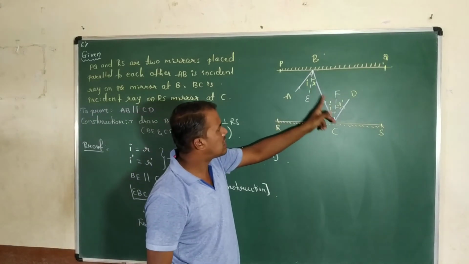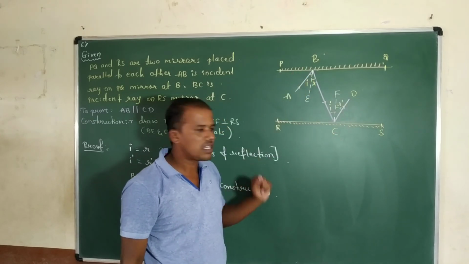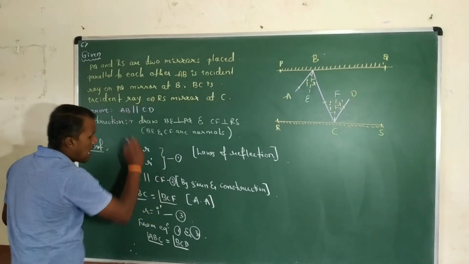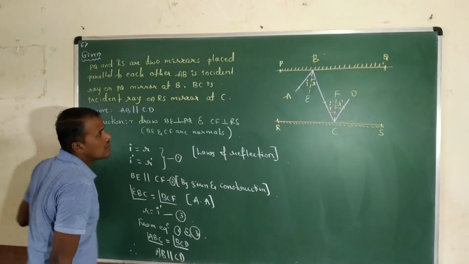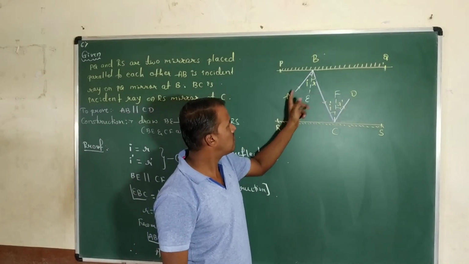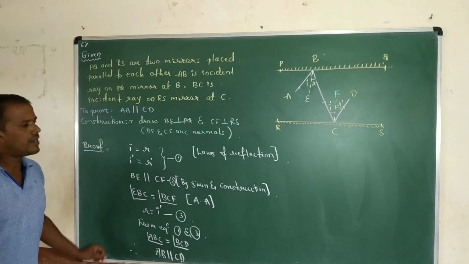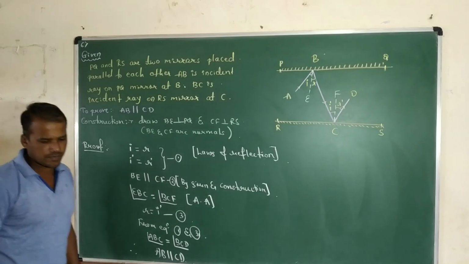These two angles are equal, which means these lines are parallel to each other. Therefore, AB is parallel to CD. This condition is proved.